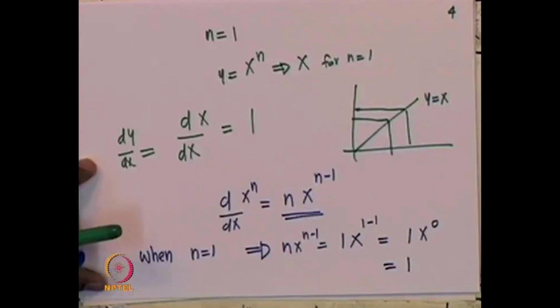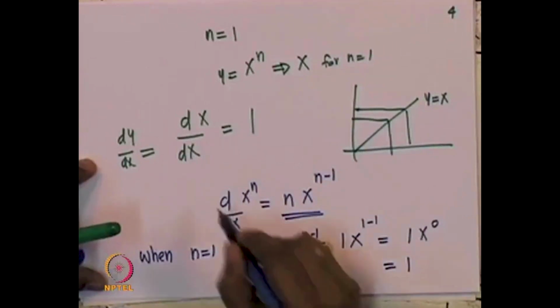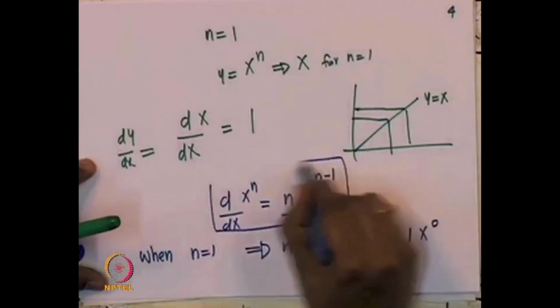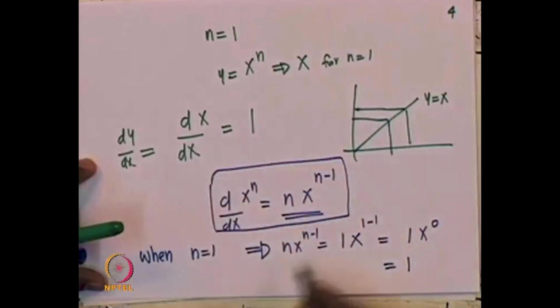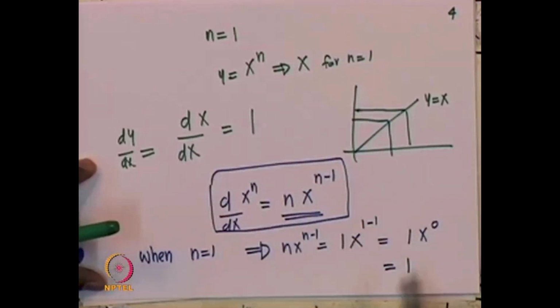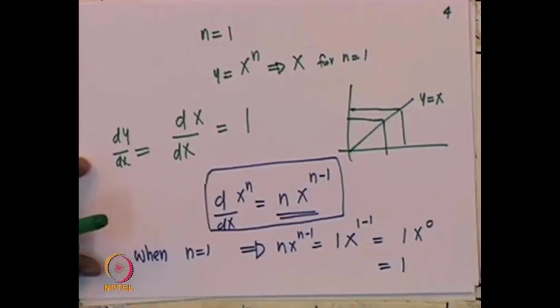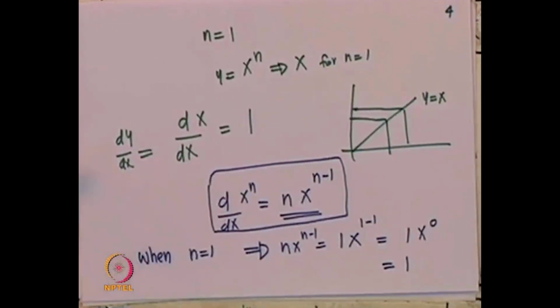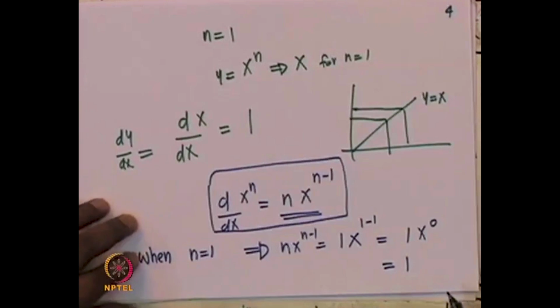So according to the rule we learned, the simplest function, y equal to x, has a derivative which is a constant.